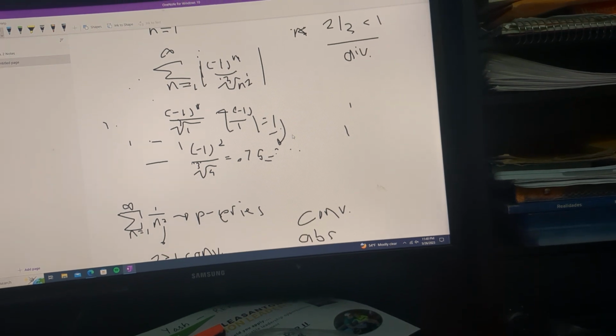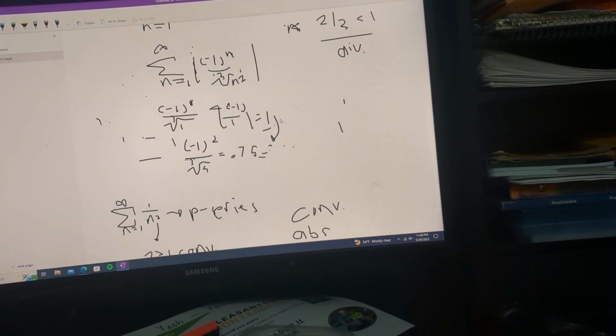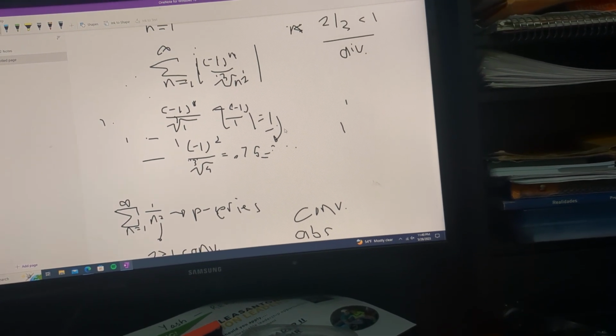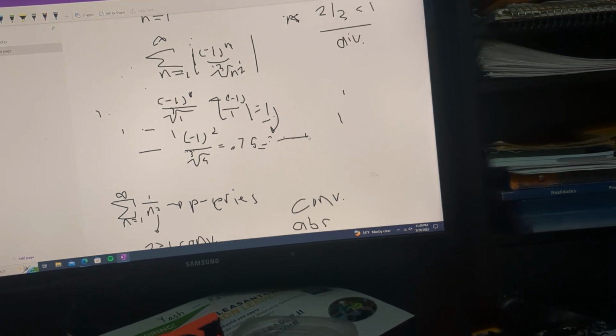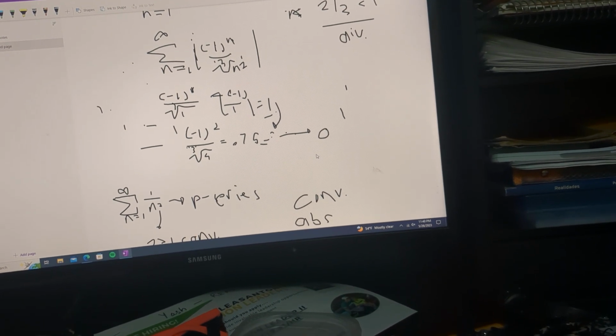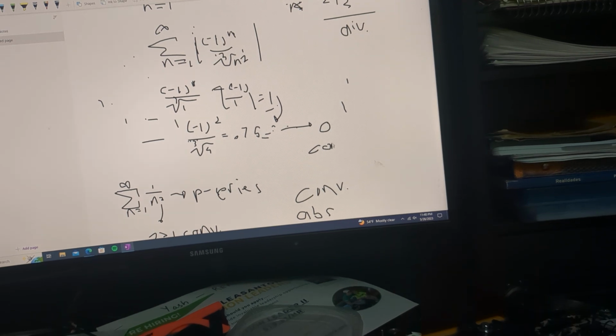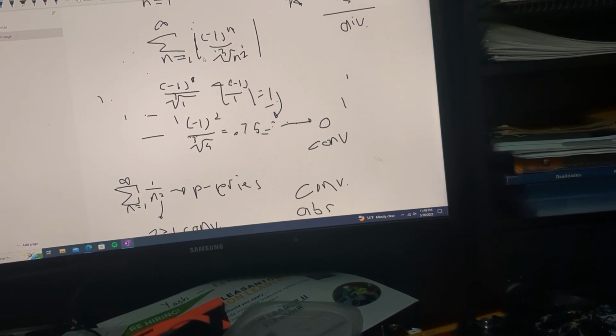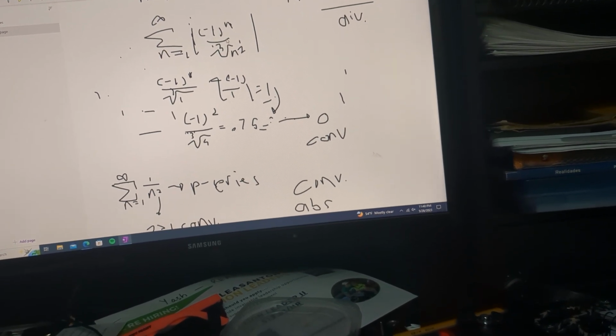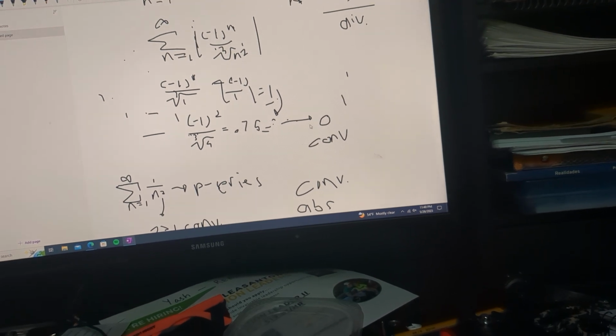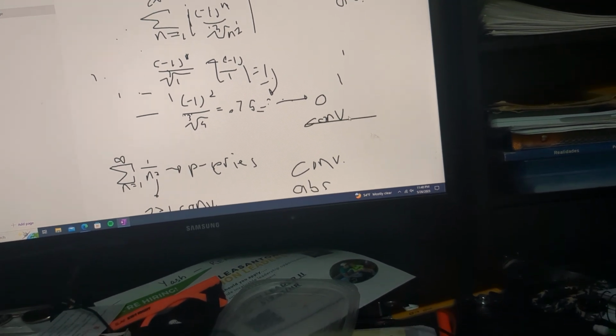So we know that this series is slowly approaching 0. So the absolute value of -1 to the power of n over the cube root of n squared converges.